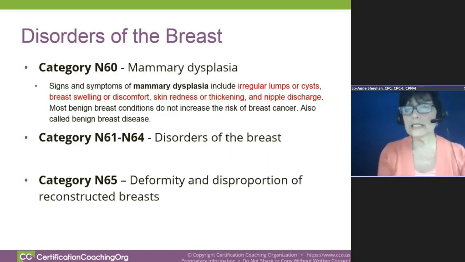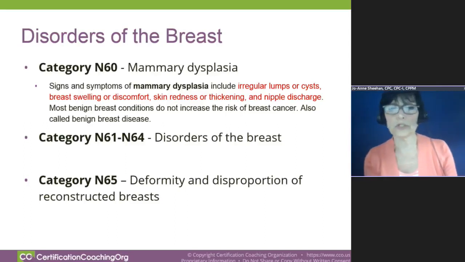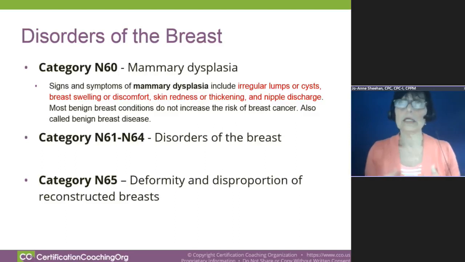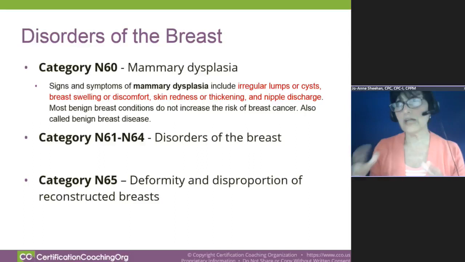Now, category N65 is deformity and disproportion of reconstructed breasts. And that typically will happen, let's say, if a woman has a double mastectomy and then has the breast reconstruction, which is a planned procedure after the mastectomy and is covered by insurance with a modifier 58. A lot of times what happens after the fact is that once the breasts have been reconstructed, they settle.